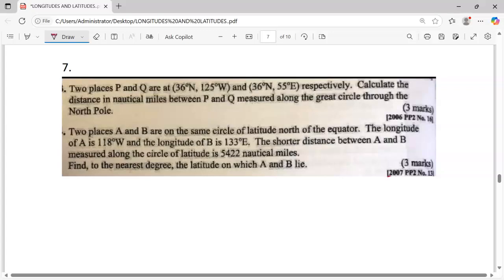This is KCSE 2007 paper 2 number 13, a question on longitudes and latitudes, and also another question that was done in KCSE 2006 paper 2 number 16.